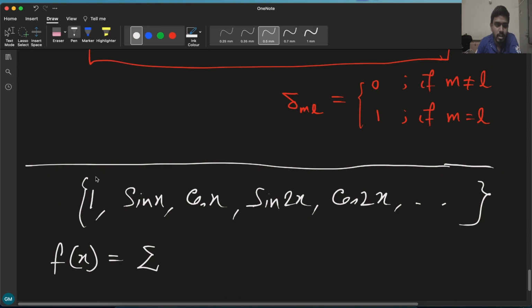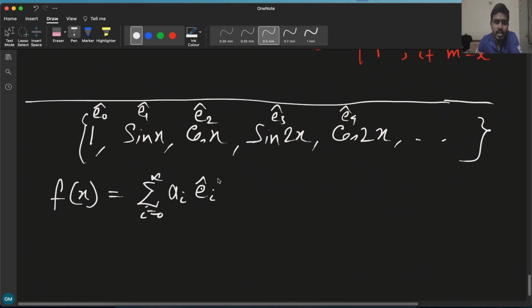If I denote these basis vectors as E0, E1, E2, E3, E4, then it will be a linear combination of alpha I times EI, I equals 0 to infinity, and that's basically the Fourier series, right?